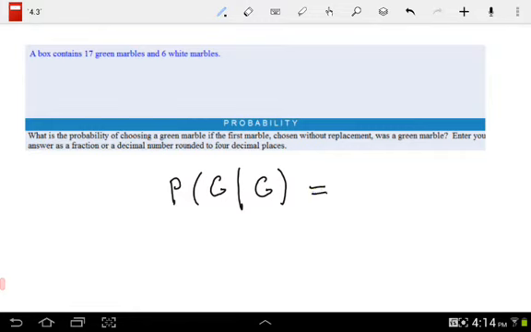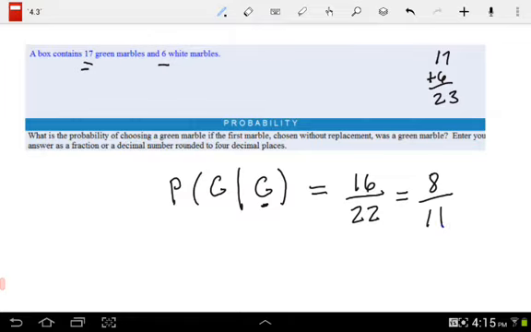We have a total of 23 marbles and 17 are green, but if we've already chosen one green marble, that only leaves me with 16. The total 17 plus 6 is 23, but if we've already pulled a green one without replacement, that only leaves me with 22. And that will reduce to 8 over 11.